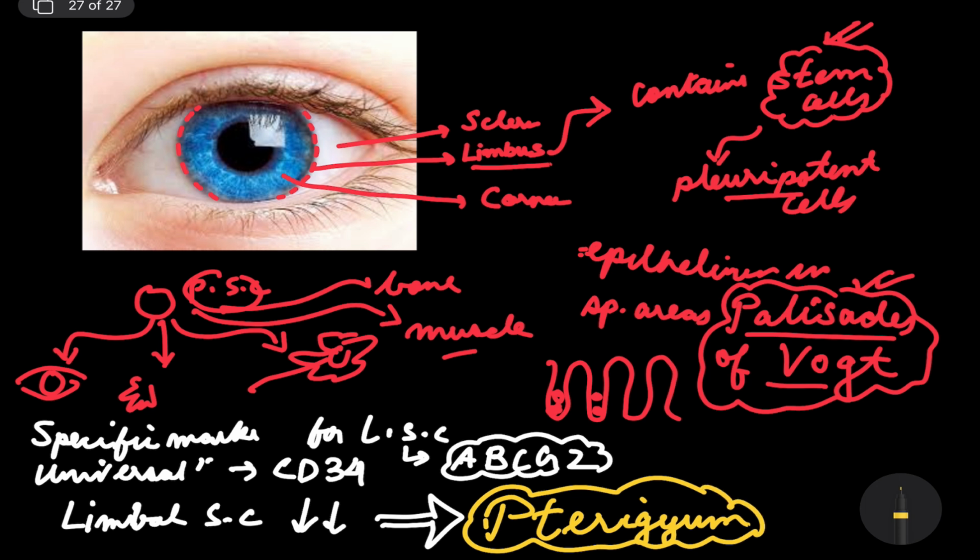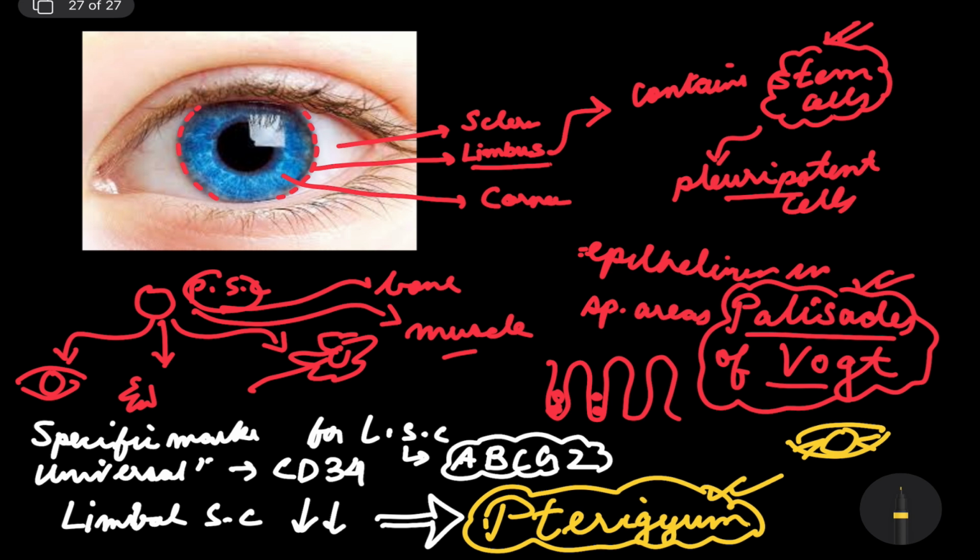Pterygium is basically the overgrowth of the conjunctiva on the cornea. If this is my eye, we will see bat-shaped triangular folds of the conjunctiva thrown over the cornea, encroaching over the cornea, leading to loss of vision and a host of other problems. We'll see to this later.